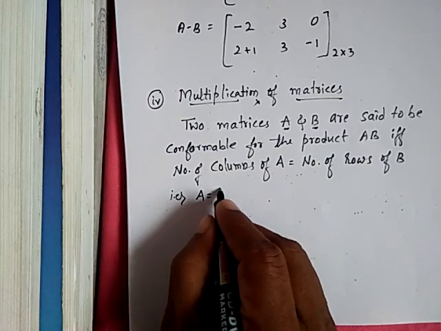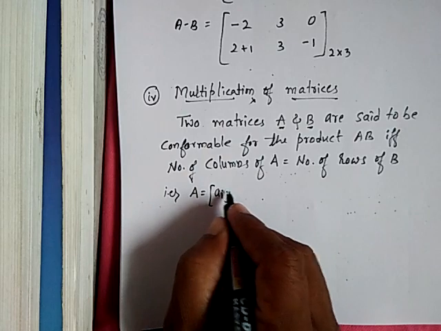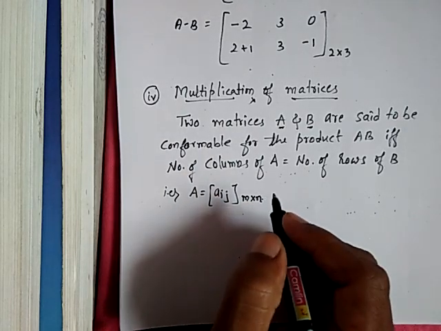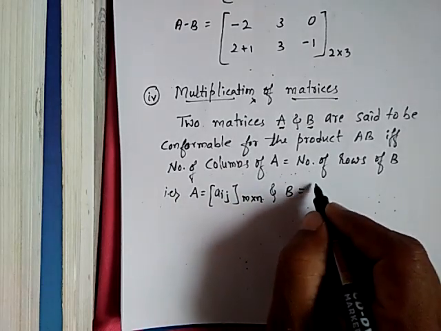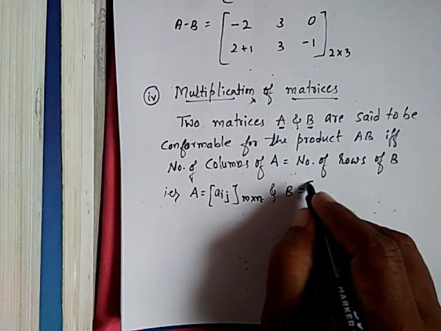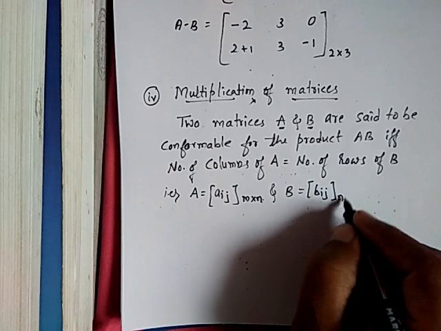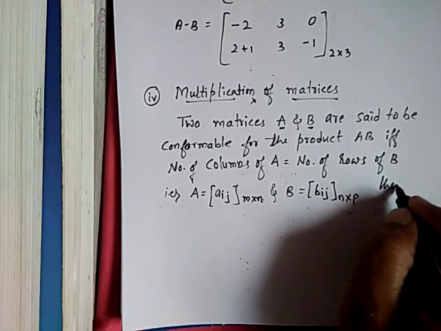Suppose matrix A is equal to Aij, a matrix of order m by n, and B is equal to Bij of order n by p. Okay, then AB exists.